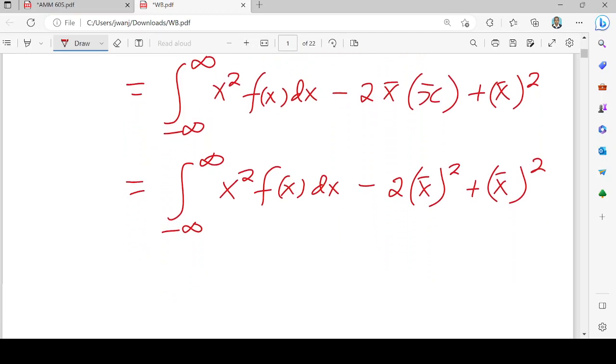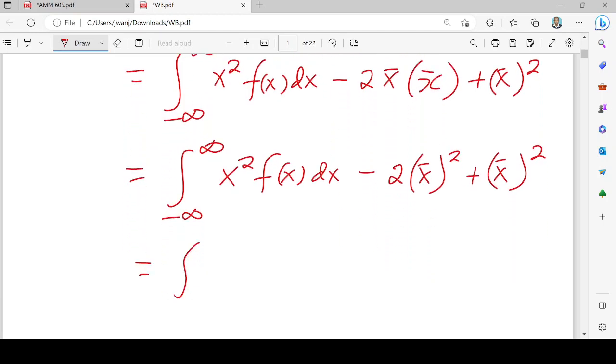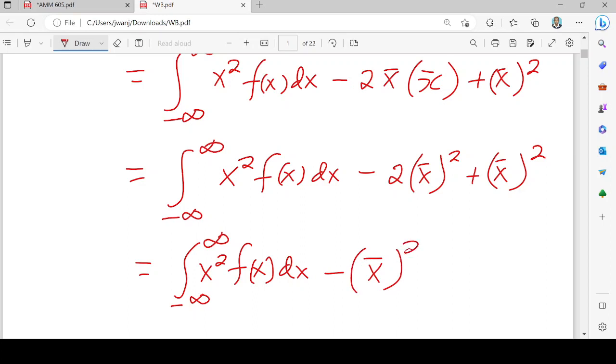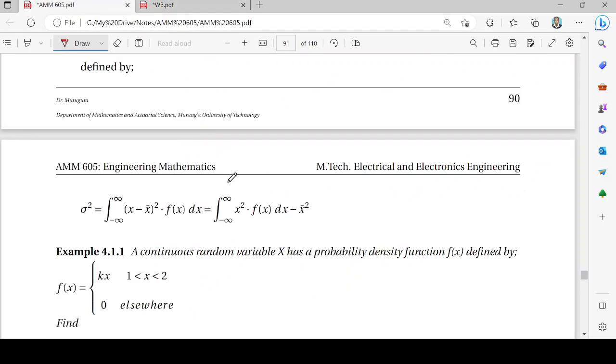When we get the difference, minus 2 x bar squared plus x bar squared will give us minus x bar squared.